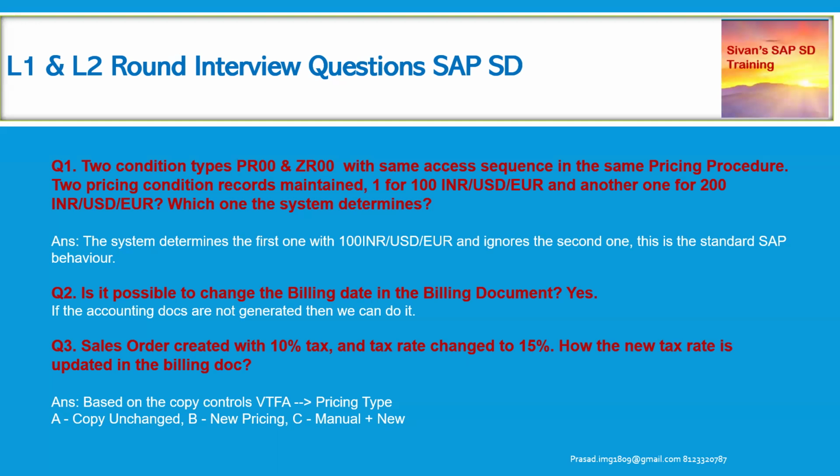There we have multiple options available: A, copy unchanged, B, new pricing, C, manual plus new. So we can put it as B so that whenever the tax rates get modified, the same rate will be updated in the billing document. So we have to go to the line item level, then conditions, update pricing. There we have to select the option new pricing B.